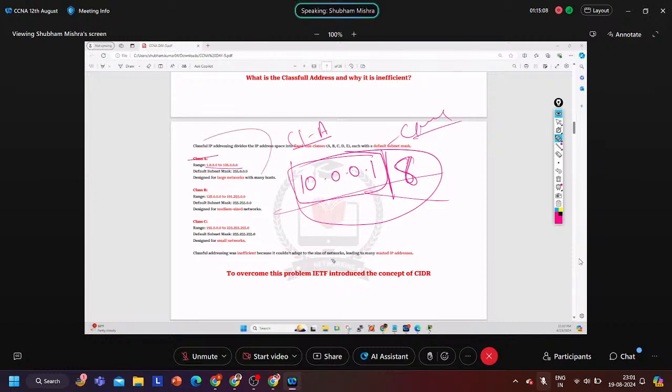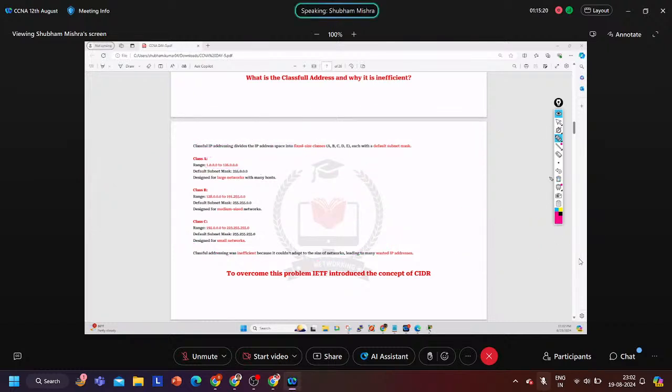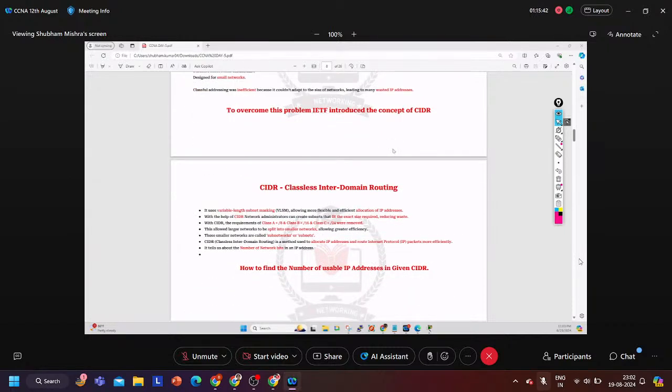So to avoid this type of wastage, we have a concept of what? CIDR. I hope you understand classful addressing and why it is inefficient. Why is it inefficient? Because if you use it, you will waste a number of IP addresses.